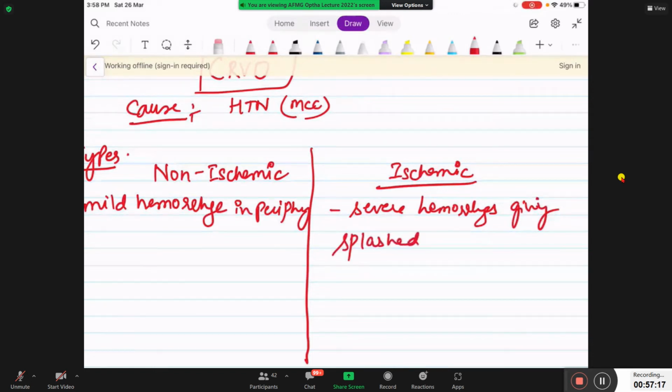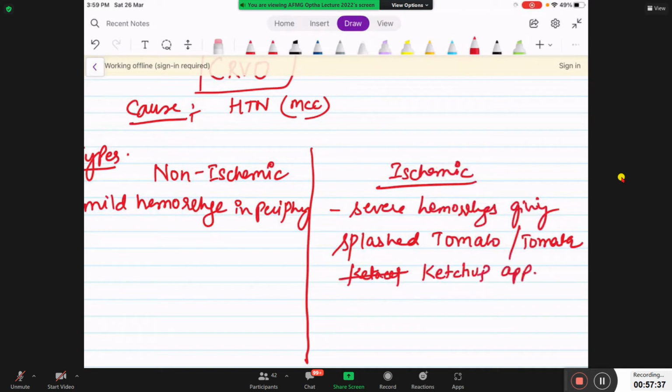Splashed tomato, or tomato ketchup appearance. Tomato ketchup appearance. Important question. Direct question can be asked, image based. Tomato ketchup appearance seen in ischemic CRVO.